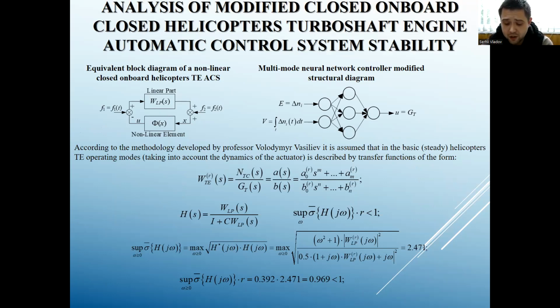A multi-layer neural network of the perceptron architecture with 3 neurons in the hidden layer and 1 neuron in the output layer is taken as the neural network controller. The total number of weights of synaptic connections, the configurable parameters of the neural network controller, is 9. The type of neuron activation function is tangential sigmoid.